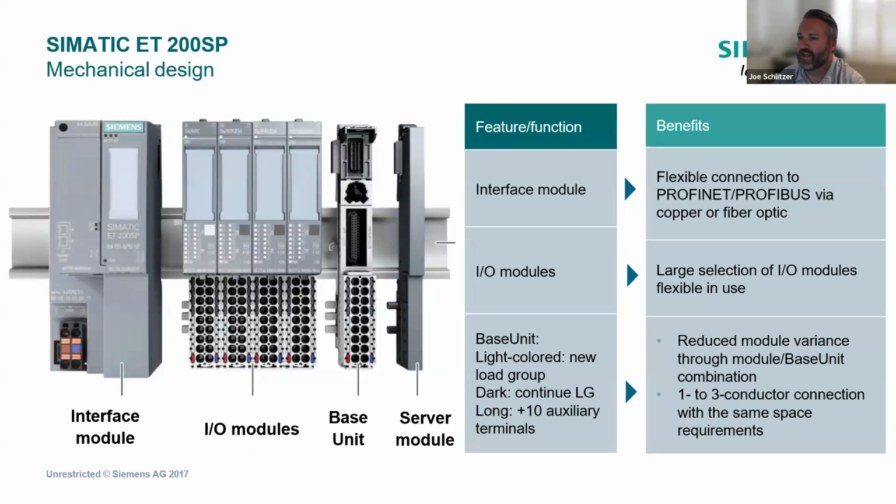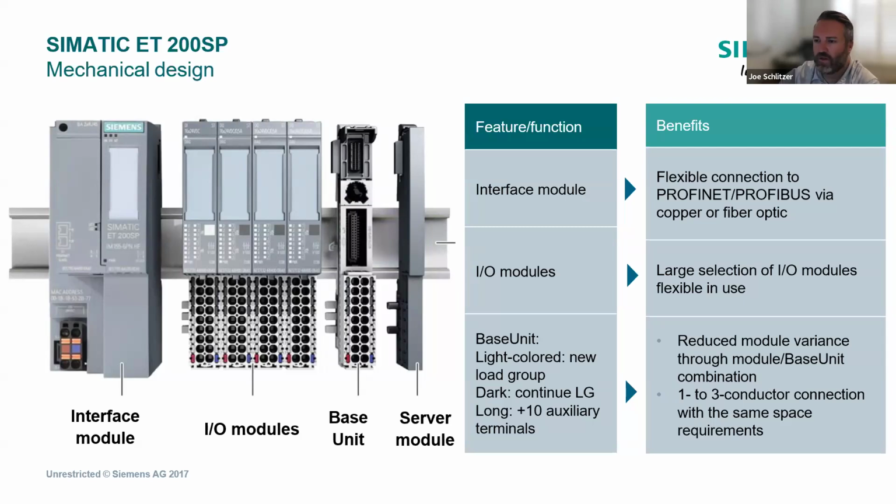This goes over the design of the ET200SP. The ET200SP is a multifunctional and finely scalable distributed I/O system with a large range of modules. It's about 50% narrower than other distributed I/O systems. As I mentioned before, the ET200SP is approved for IP20 and is designed to be installed inside the control cabinet.